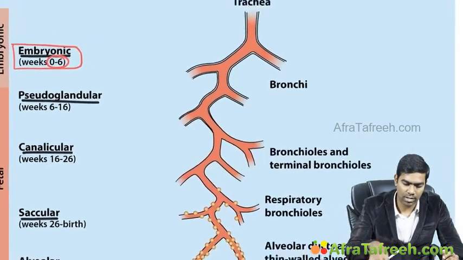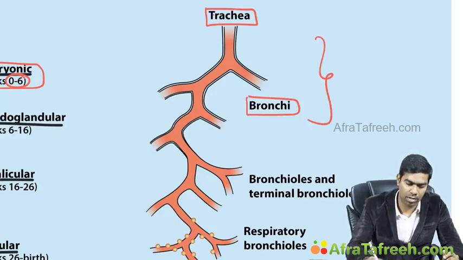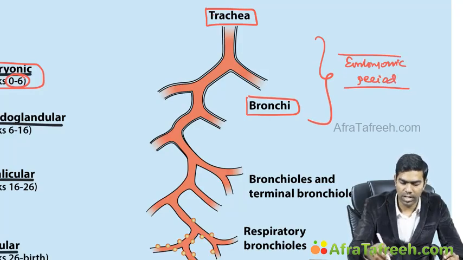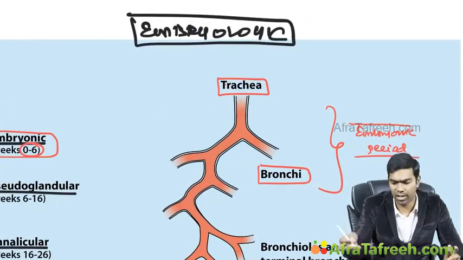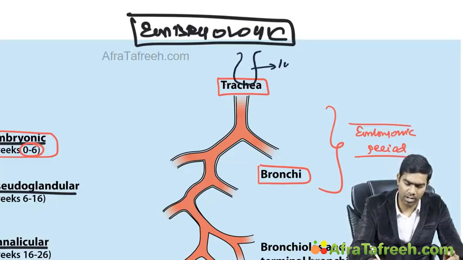You can see what are the things that develop. During this embryonic period, it is typically the trachea and the bronchi, especially the mainstem bronchi, that are going to be developed. Even before that, the trachea starts from something called a lung bud.